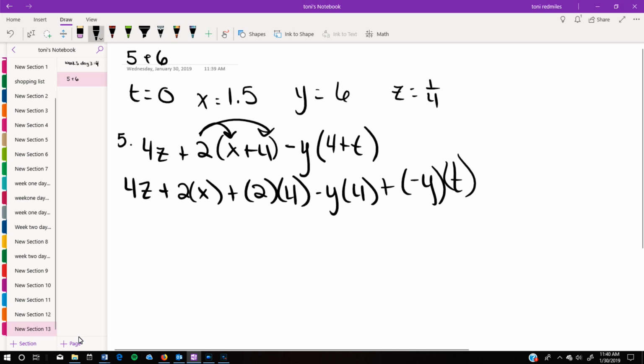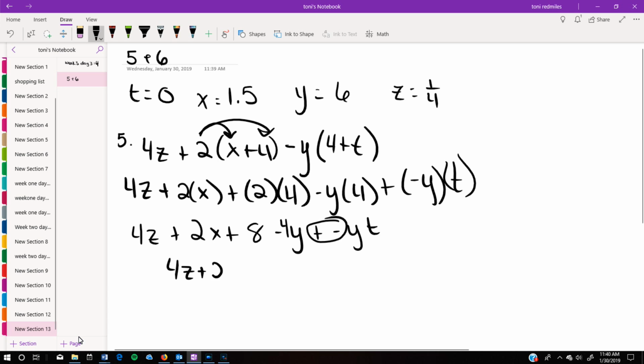All right, so now I have 4z plus, get rid of all of my multiplication by doing it. I'm going to put the 4 in front of the y, plus a negative yt. No like terms. So now I can fill in the expression.